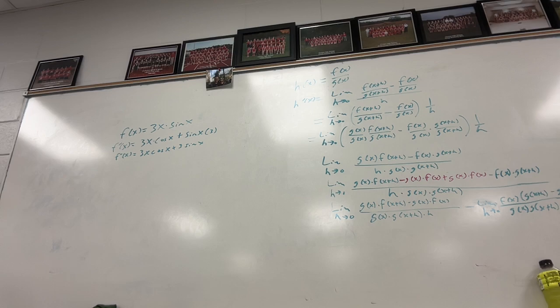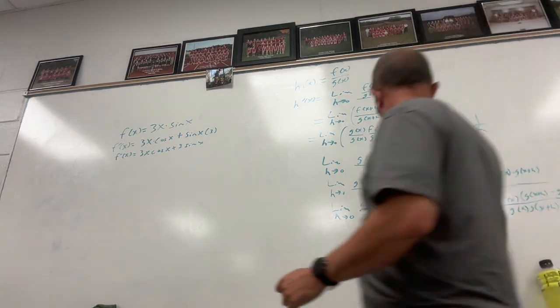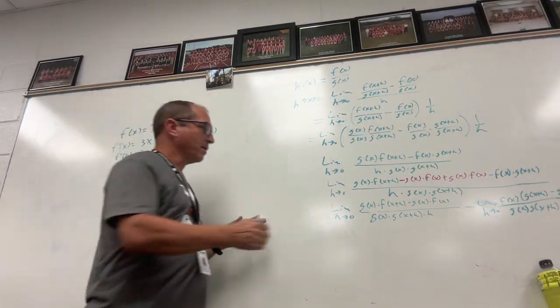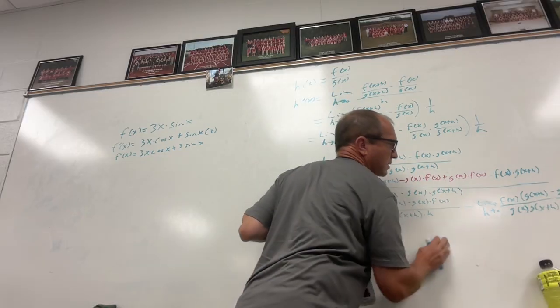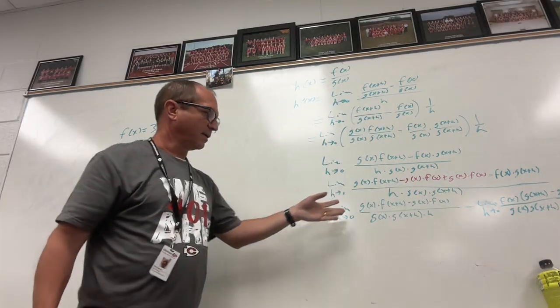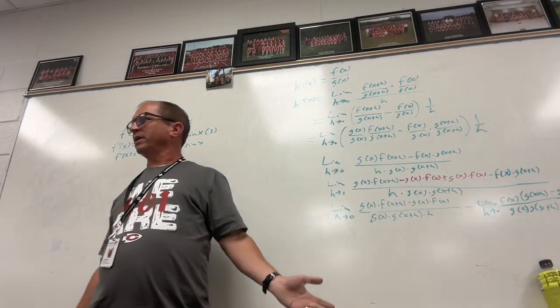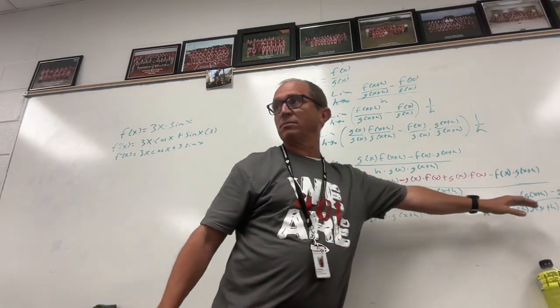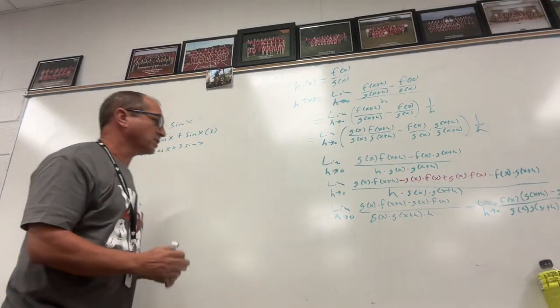Okay, so let's look at this first fraction. Does anything jump out at you that we could do here? I could factor a g of x out, right? Well, I'm not going to factor it out, because if I factor it out the top and bottom, I'm going to go back to combining these into one fraction, and I'd end up having to multiply by g of x over g of x again. So I'm still going to try to keep my denominators the same so I can combine them back into one fraction.